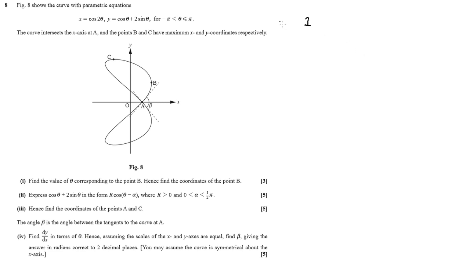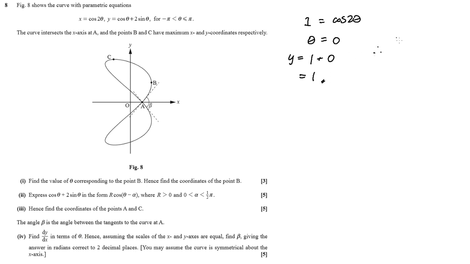So I've got 1 equals cos 2 theta, and if we find theta, which conveniently will give you theta equals 0 after you've rearranged this, subbing into y equals cos 0 gives me 1, plus 2 lots of sine 0 gives me 0, which gives me y equals 1.